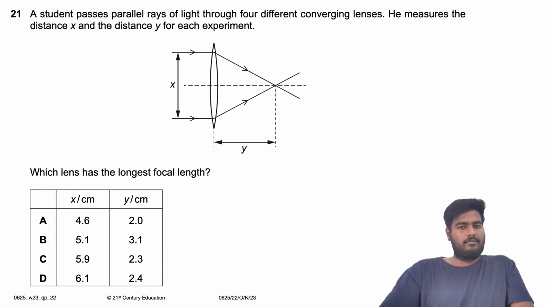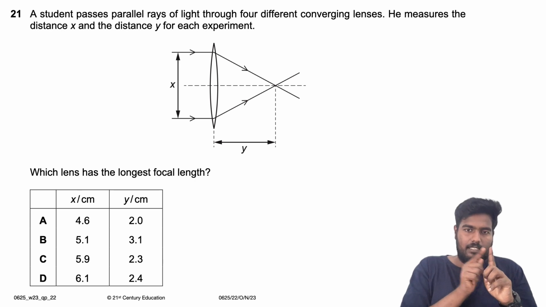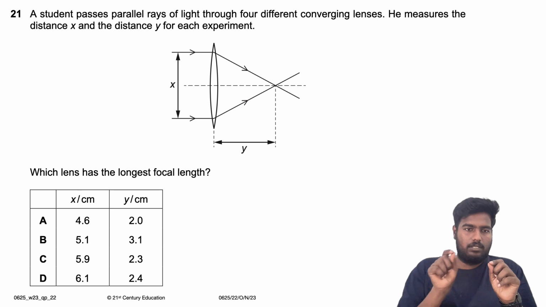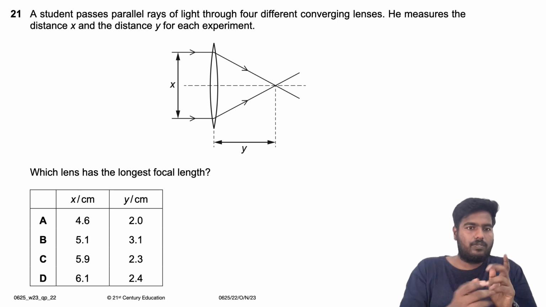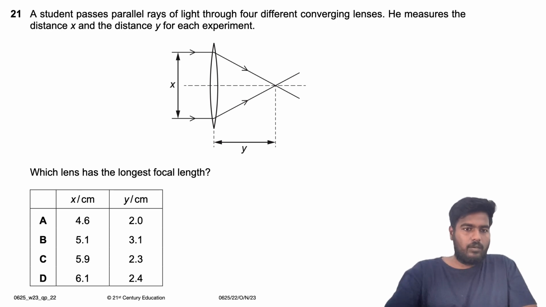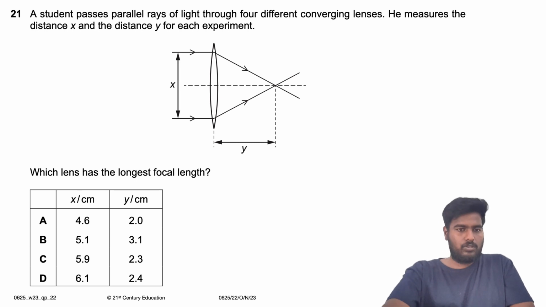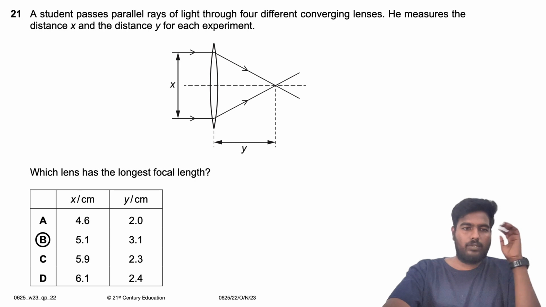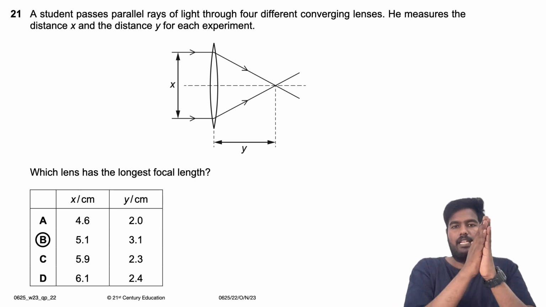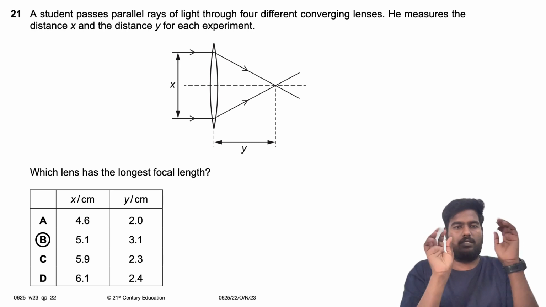The focal length is the distance between the lens and the focusing point, so whichever has the longest y has the longest focal length. 3.11 is the longest in the given table. So option B is the right answer. We don't care about x. What matters is the horizontal length between the lens and the focus point. That's all.